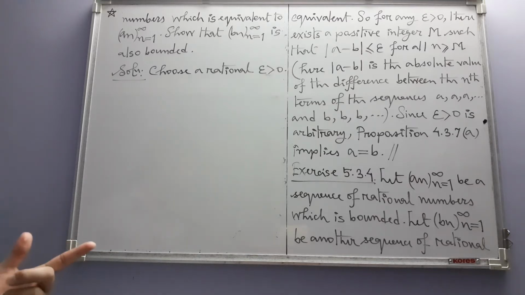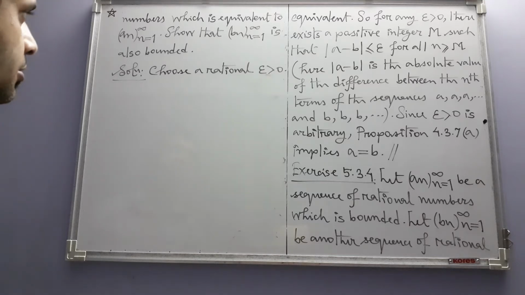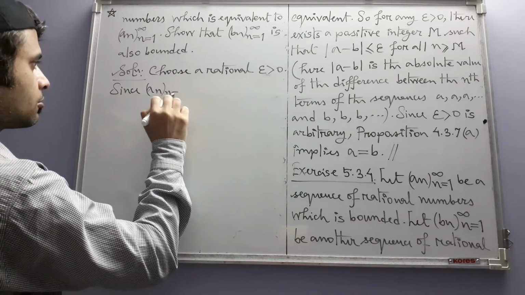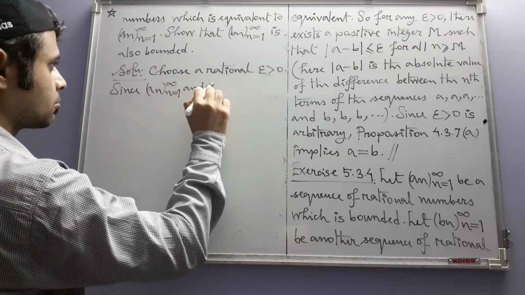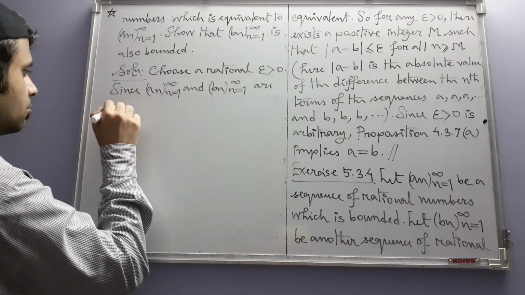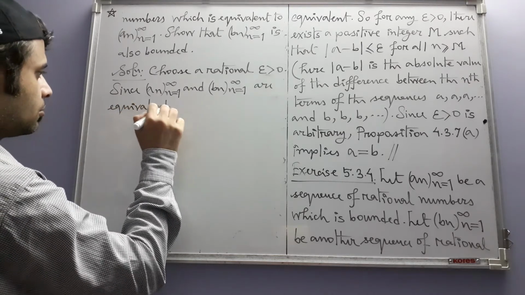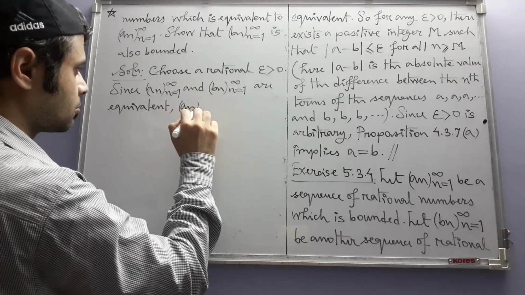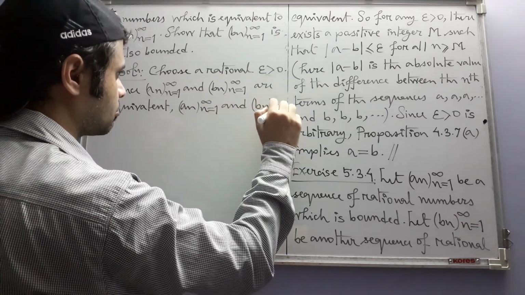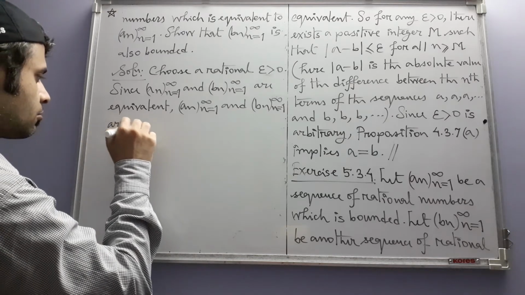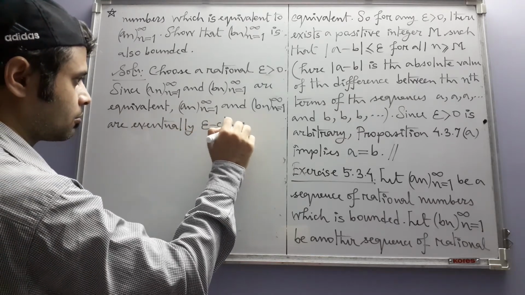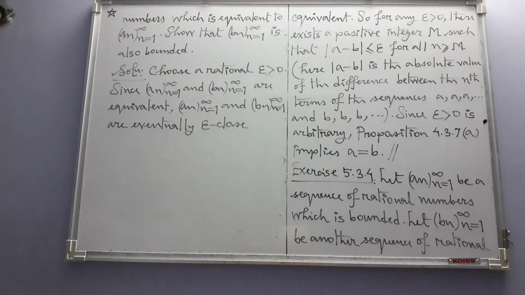That means for this epsilon, An and Bn will be eventually epsilon close, since these are equivalent, they are eventually epsilon close.